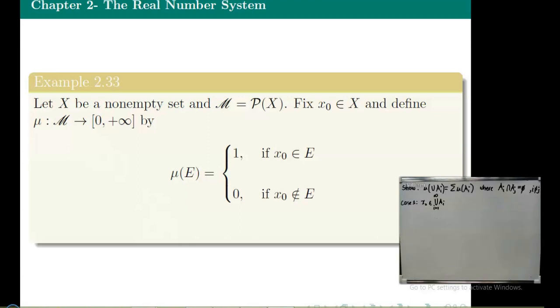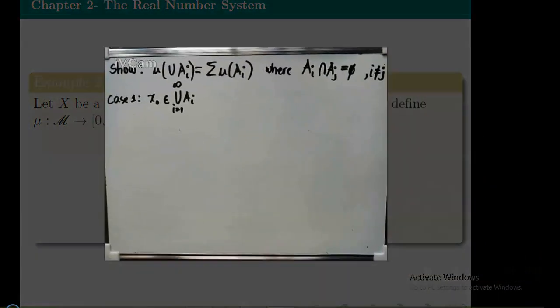We have shown already the first condition, that mu of the empty set is 0, in our previous video. So, the next condition is to show that mu of the union of A sub i is equal to the summation of mu of A sub i, where we have here pairwise disjoint sets. That is, A sub i intersection A sub j is empty, where i is not equal to j.